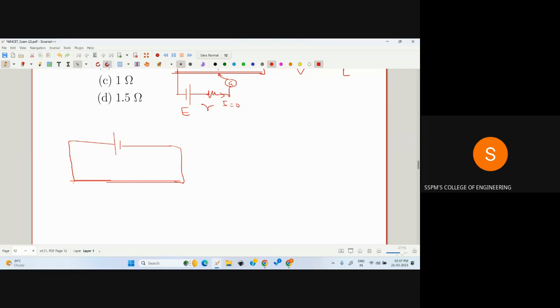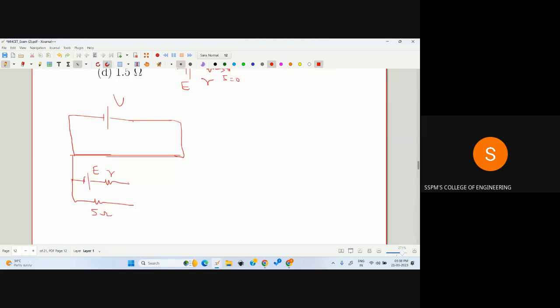This will be negative positive internal resistance, and across the cell the resistor of 5 ohm is now connected, and then further it is connected through galvanometer to the wire. So this circuit is given, and the balancing length is also given, 40 centimeter.